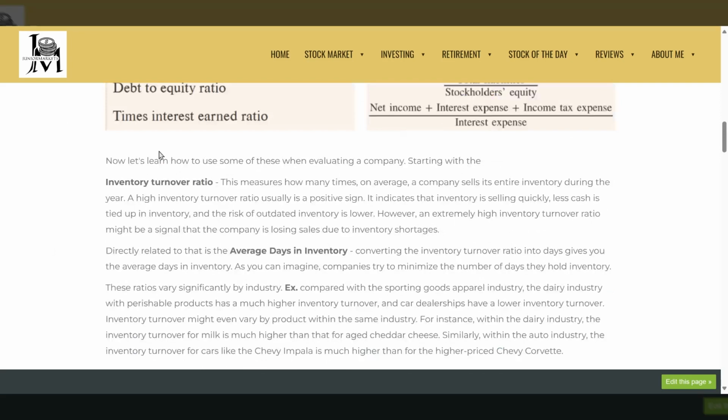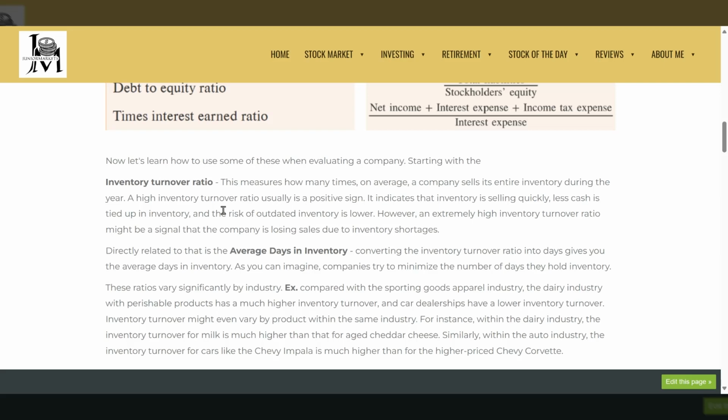So the first one we're going to look at is inventory turnover, which I do have the inventory turnover ratio here. And this essentially is net sales divided by average inventory. And it tells you how many times a company has sold and replaced inventory during a given period.